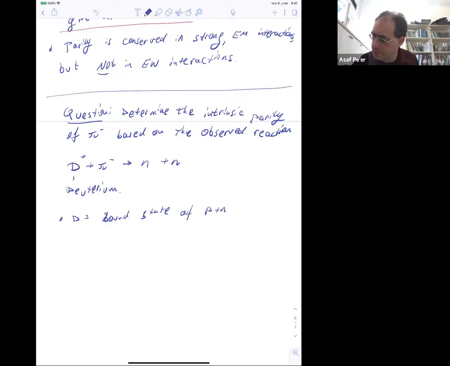D is the nucleus of the hydrogen atom with an extra neutron. The relative angular momentum is 0.